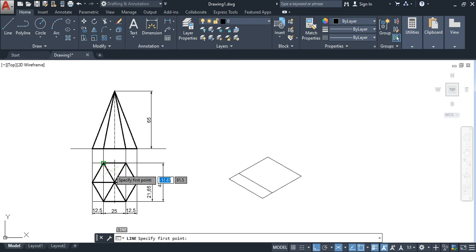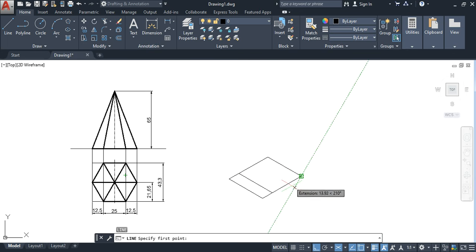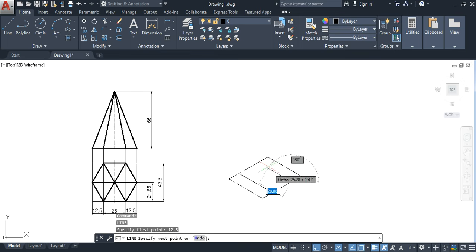And here once again we require this line also, so from this point the gap should be once again 12.5, and from there the height will be once again 43.3.